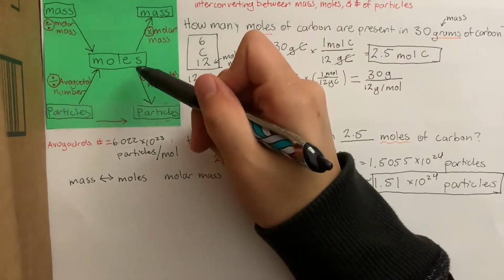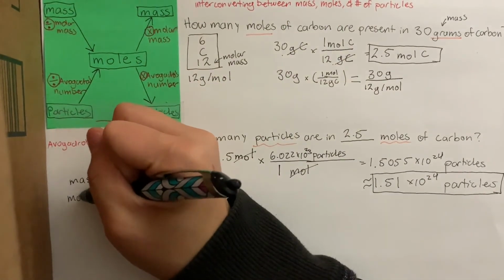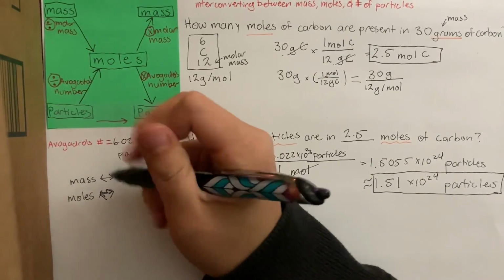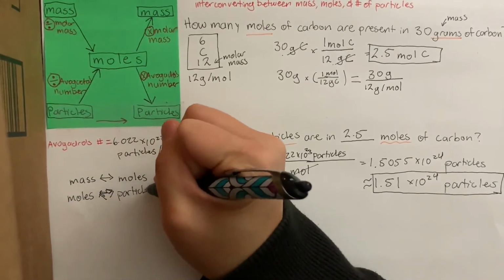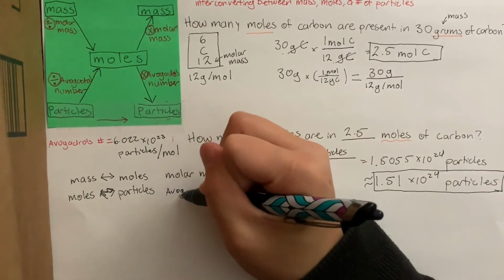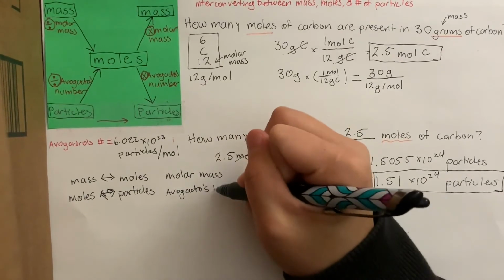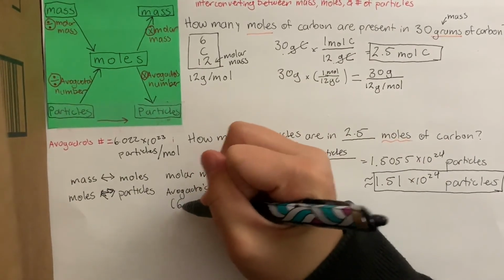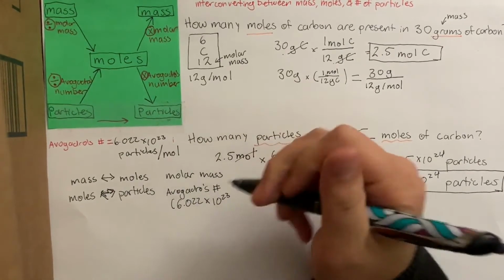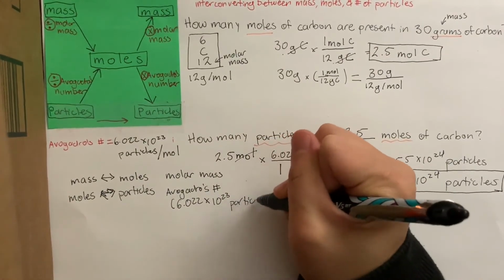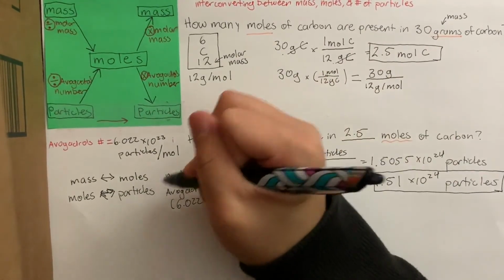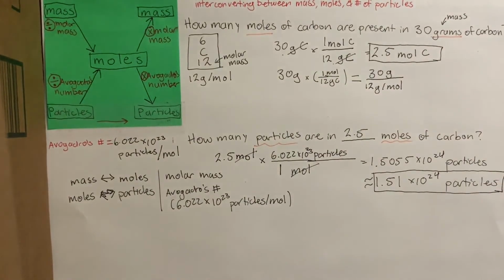And when you're converting between moles and particles, the conversion factor is Avogadro's number, which is always 6.022 times 10 to the 23rd particles per mole. Just remember this.